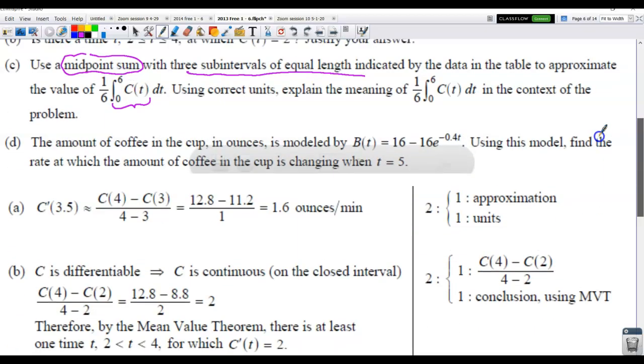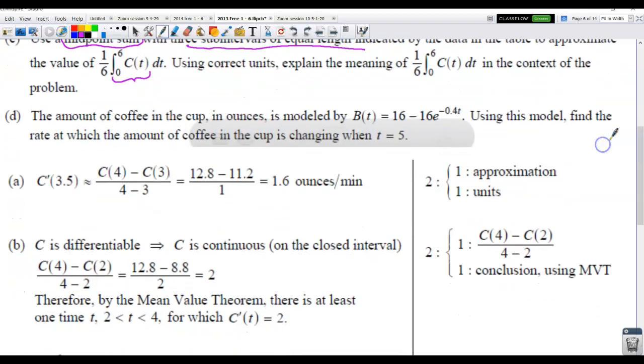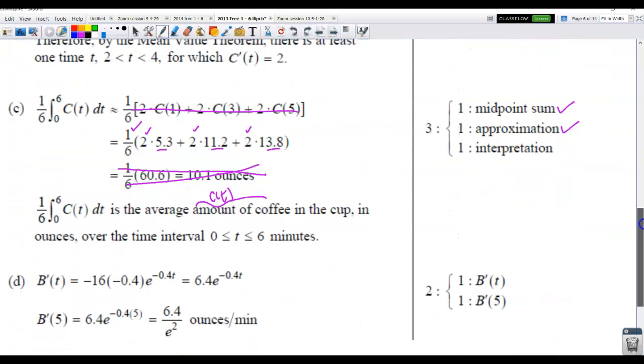And then lastly, letter D, the coffee in the cup is modeled by a function b of t. Using this model, find the rate. So b of t is amount, and we want the rate at which the amount of coffee in the cup is changing when t equals 5. Now remember, this is a no calculator part, so we have to find the derivative by hand.